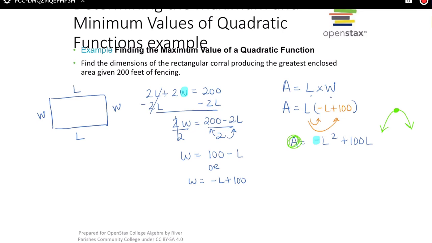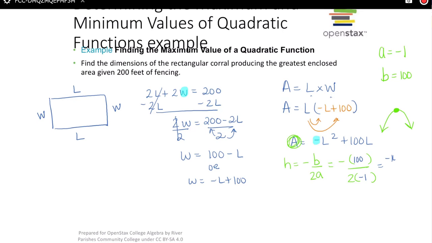So vertex, if you will recall, is (h, k), and h is negative b over 2a. Now we need to figure out what a and b are. So a is the number in front of L squared, which is negative 1, and b is the number in front of L, which is 100. You just treat the L's like they're x's. So negative b over 2a, and b we said was 100, and a was negative 1.